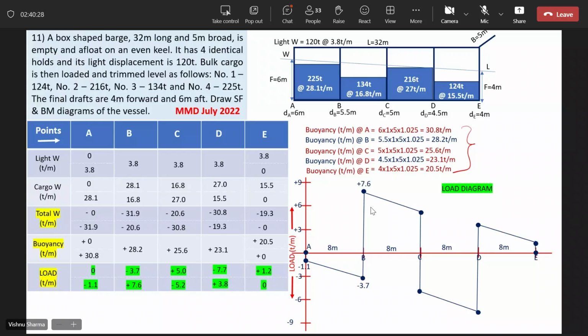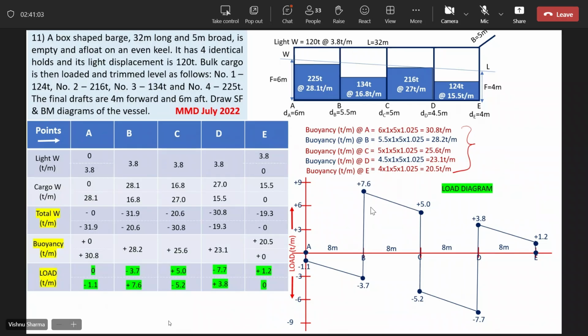Please have a good look at the load diagram with respect to the load table. Any questions on this? Clear, guys?